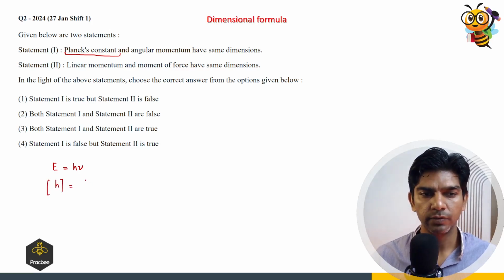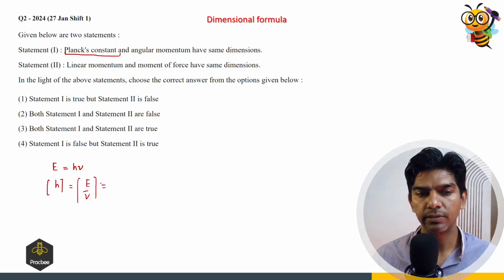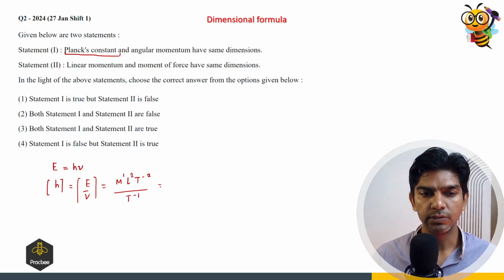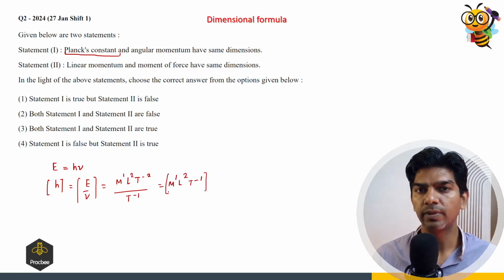So the dimension of h will be given by the dimension of E by nu, where E is the energy, and the dimension of energy will be M raised to power 1, L raised to power 2, T raised to power minus 2, and the dimension for frequency will be T raised to power minus 1. So this will give us M raised to power 1, L raised to power 2, T raised to power minus 1. That is the dimension of Planck's constant.